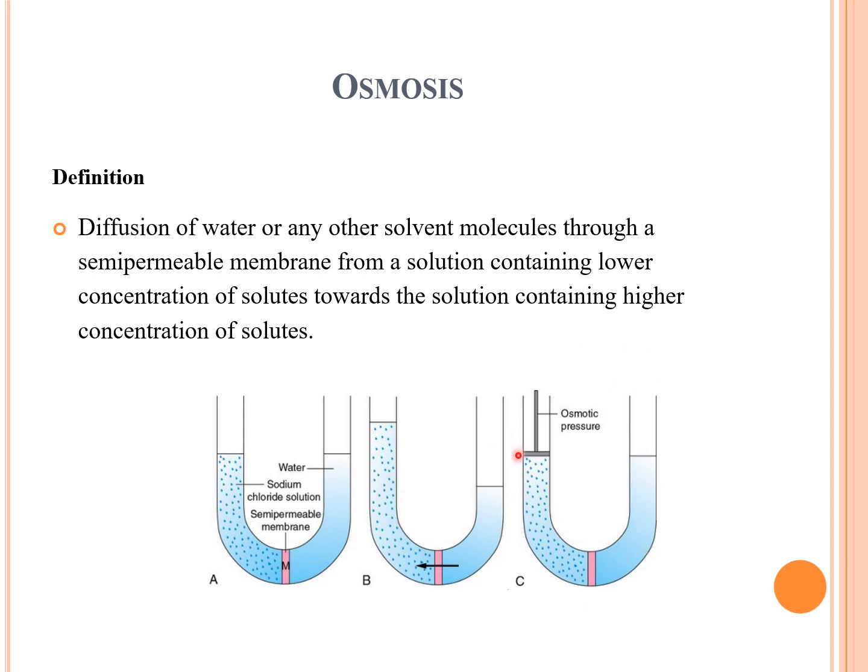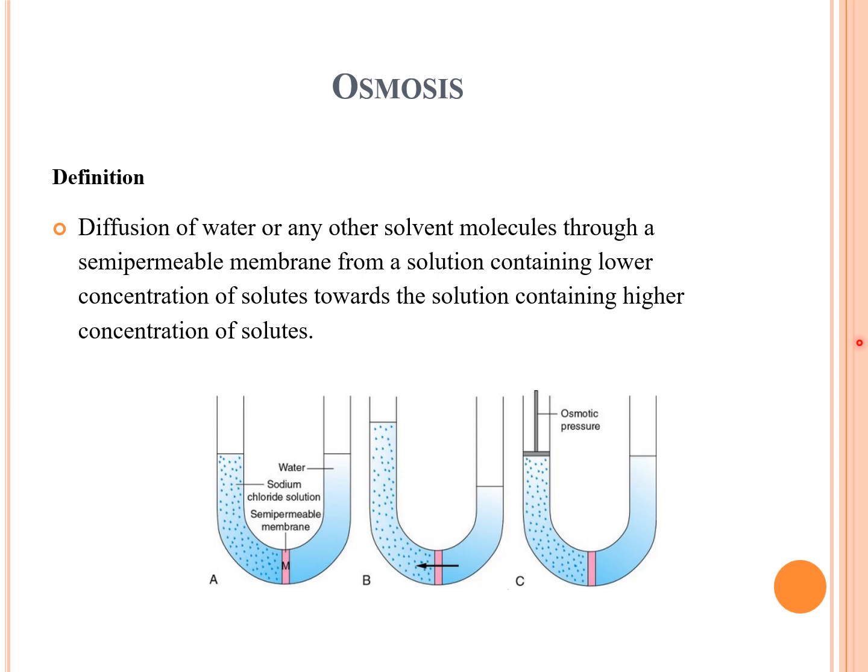And here you can see there is some pressure. When some pressure is applied on the side of higher concentration of solutes, this prevents the osmosis of water, and that is the pressure which is called osmotic pressure. Normally the osmotic pressure is exerted by the colloids which are present in the fluids.